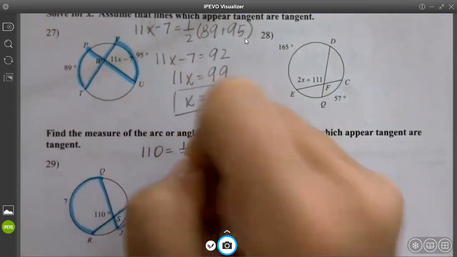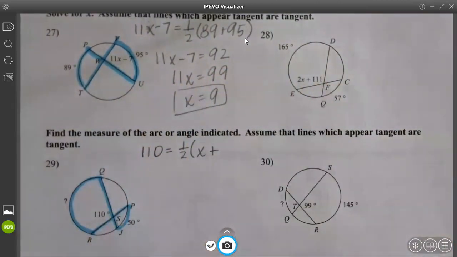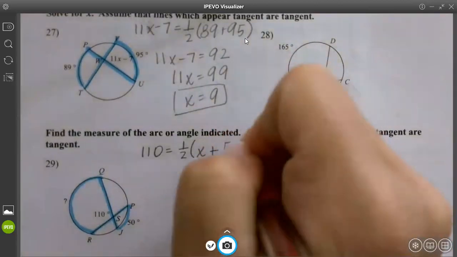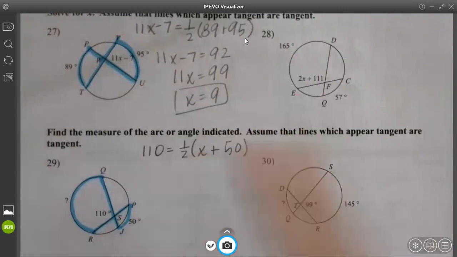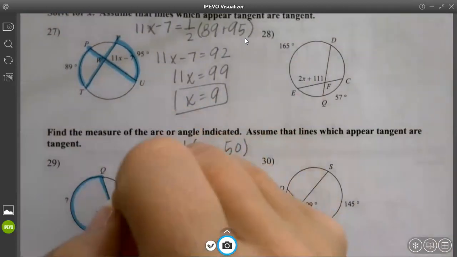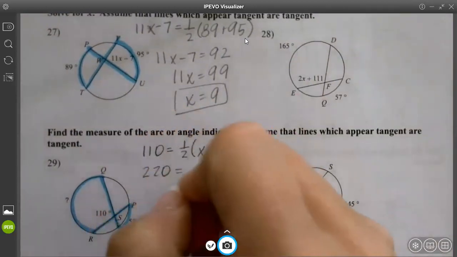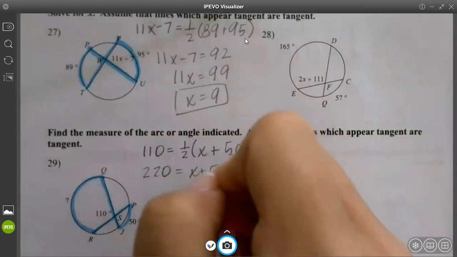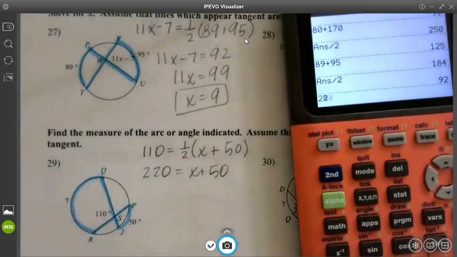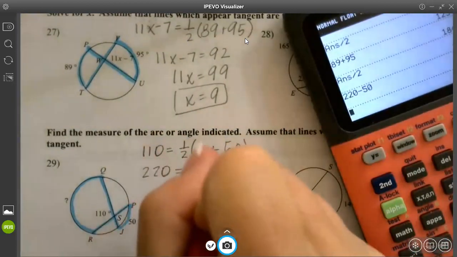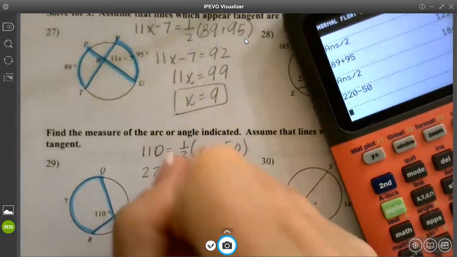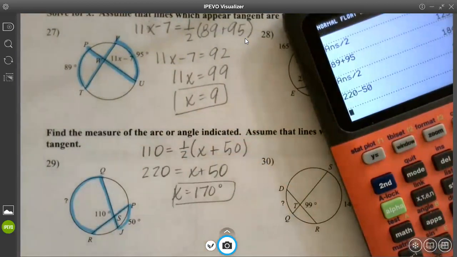And again, it doesn't matter which arc you put in front, X and 50. On this one, because 1x is odd, I'm going to multiply the other side by 2. So 220 equals X plus 50. And then 220 minus 50 is going to be 170. That's all you do. Number 30 is the exact same way.